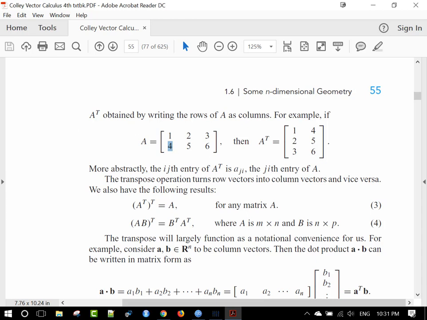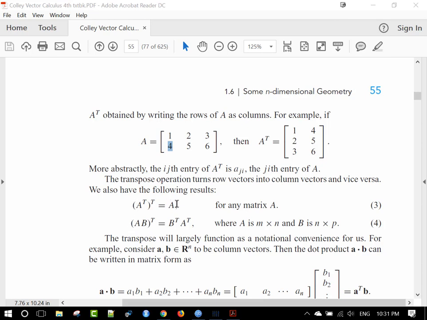of A. Now, one thing that seems pretty obvious is that if you do the transpose and you do the transpose again, you just get what you started with. If you start with A, you get A back again. On the other hand, this is something that you have to prove.